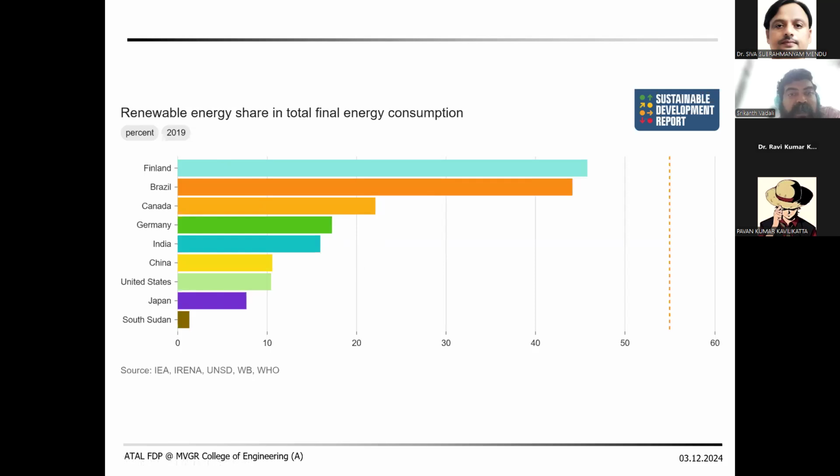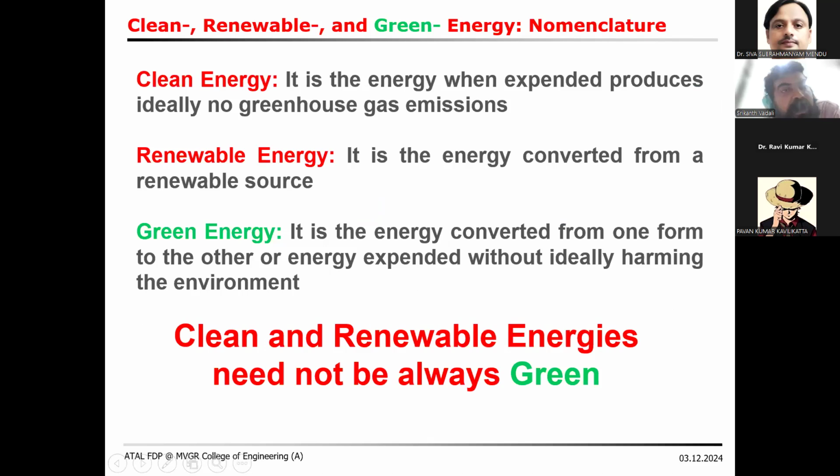And when I say total energy, it is all that is related to renewable energy, and we'll see the definitions. Okay, there is a subtle difference, as I said, among clean, renewable, and green energy, and we'll see it with an example as well. Now, please carefully look at the slide, and I'll have to read.